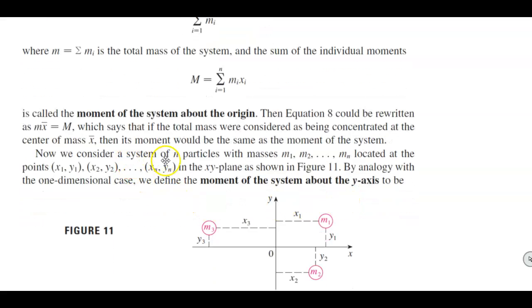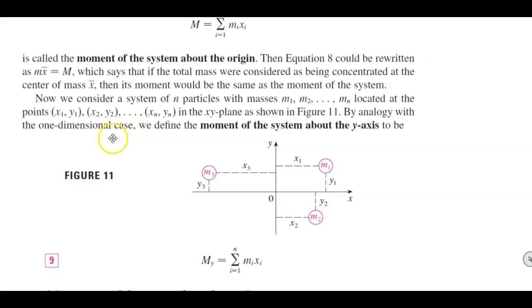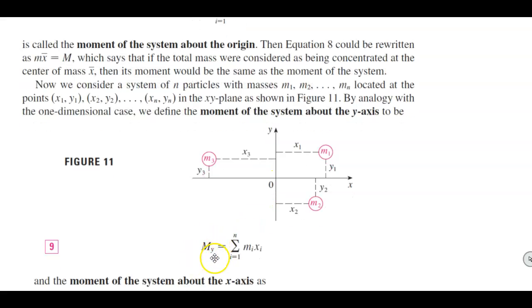So now we consider a system of n particles with masses m1 all the way to m subscript n, located at the points x1, y1 all the way to xn, yn in the xy plane as shown in this figure. By analogy with the one-dimensional case, we define the moment of the system about the y-axis to be M subscript y, the summation from i equals 1 to n of m subscript i x subscript i.